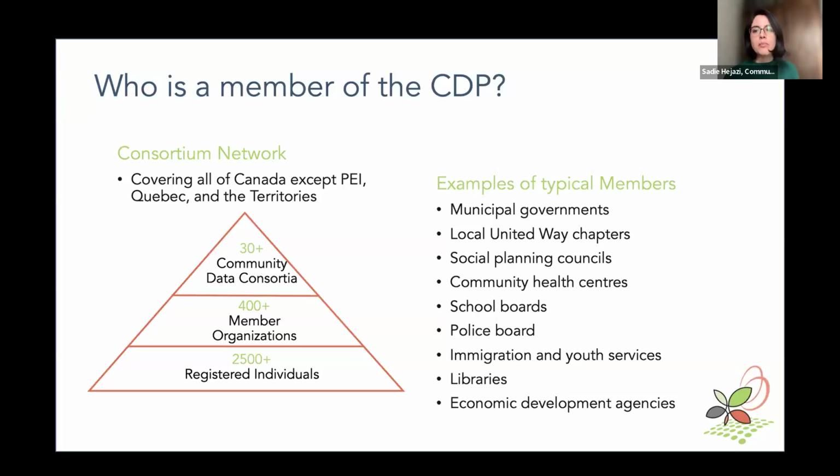Examples of typical member organizations are municipal governments, local United Way chapters, social planning councils, community health centers, school boards, police boards, immigration and youth services, libraries, economic development agencies, and more. It all depends on which member organizations fall into that geographic area. And we will talk about the membership structure as well.